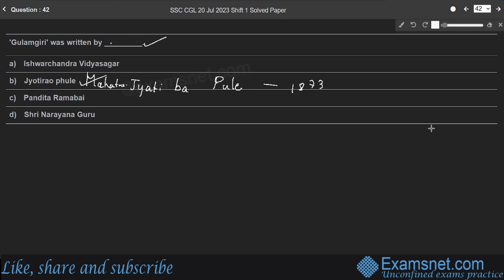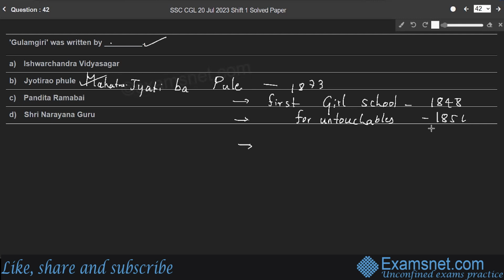Here Mahatma Jyotiba Phule started the first girls' school in Budhwarpet, Pune in 1843, right? And he started the first school for untouchables in Pune in 1851.